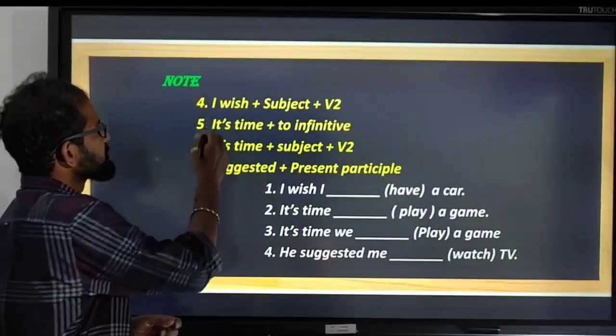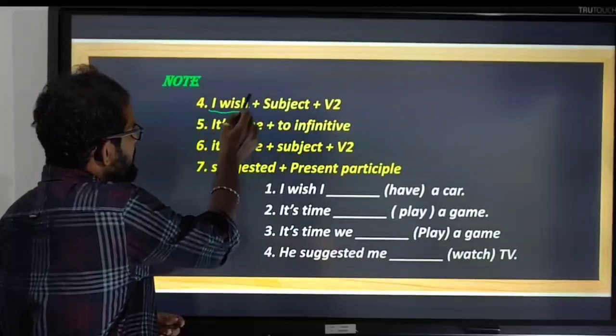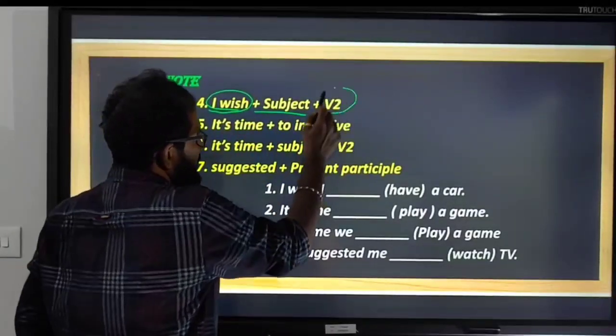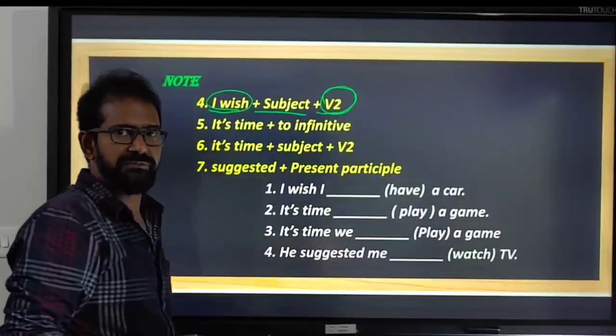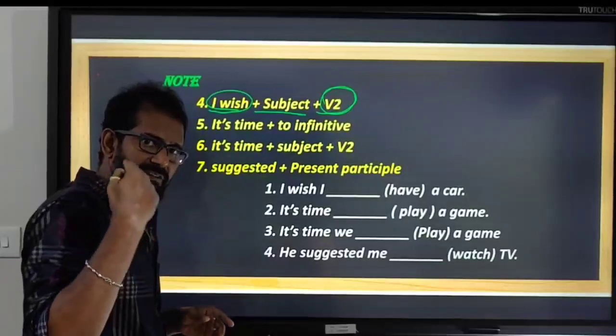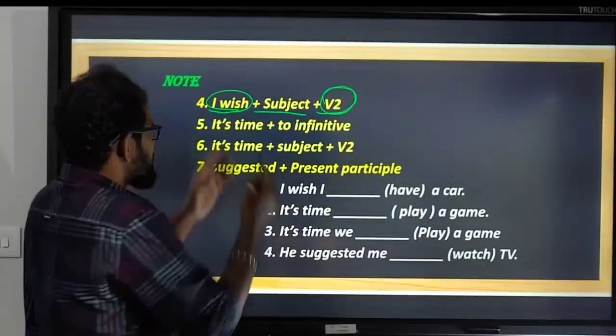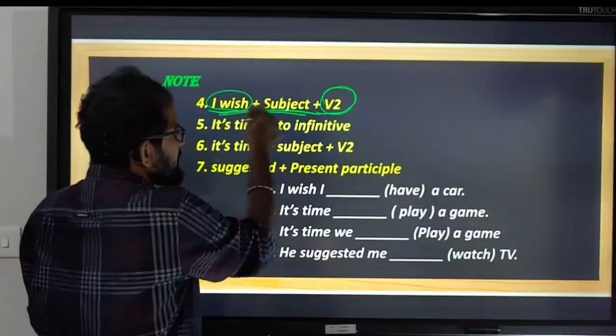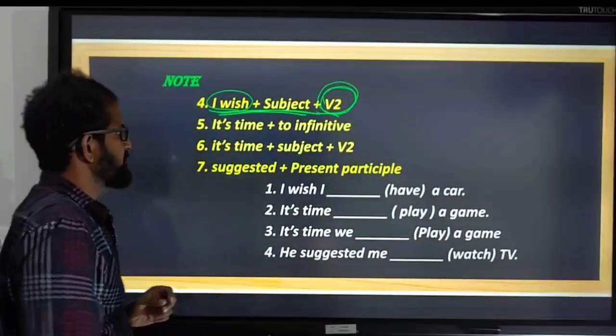Another important thing. When the phrase I wish and a subject comes, then the blank has to be filled with V2, even though the paragraph is in present or past. When you see it's time and a subject, the blank must be filled with V2.